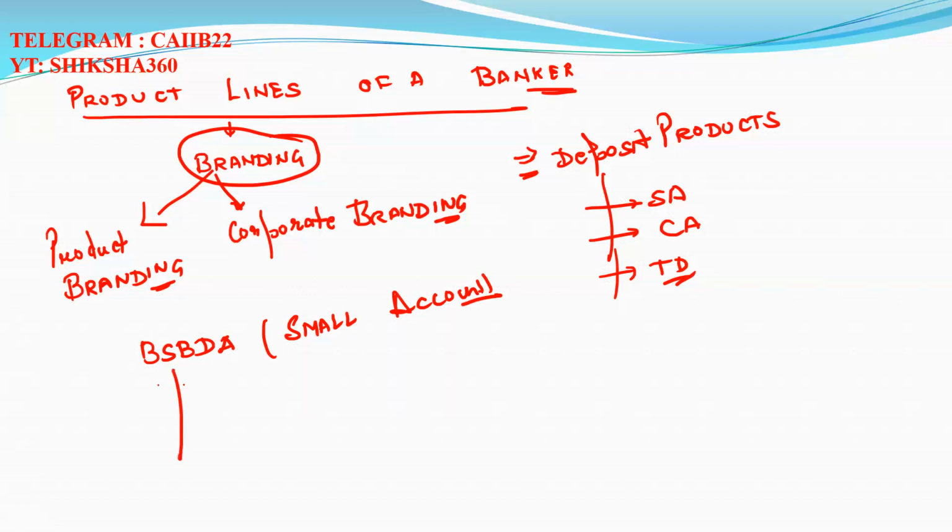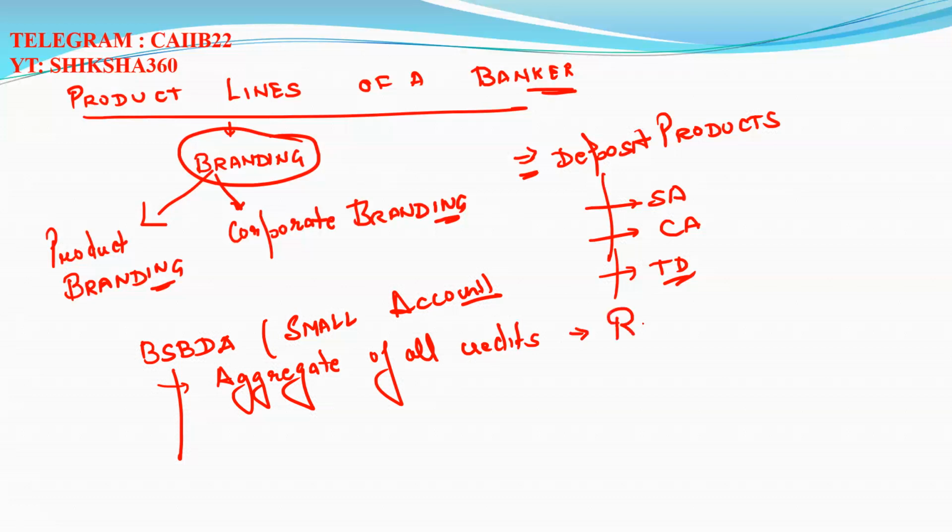First one, what is the aggregate of credits in a particular year in that account? Aggregate of all credits in a year does not exceed rupees 1 lakh.